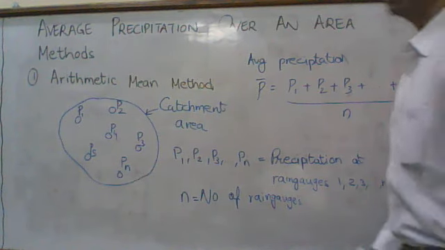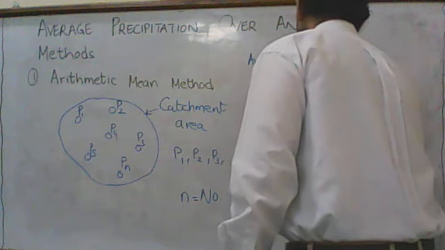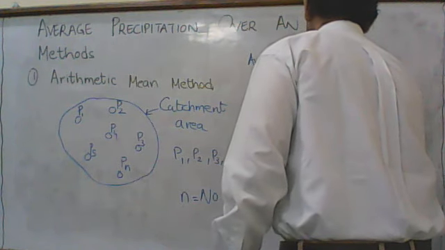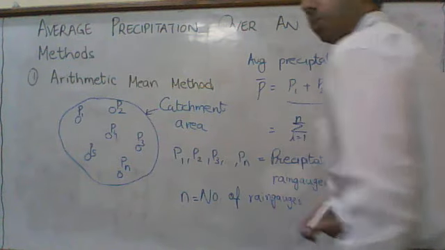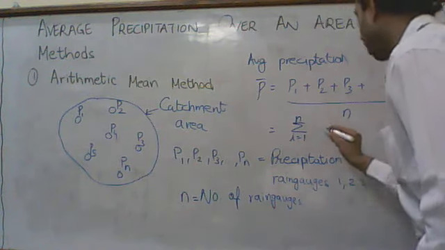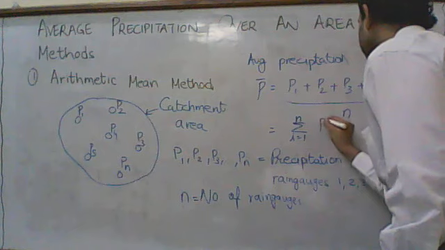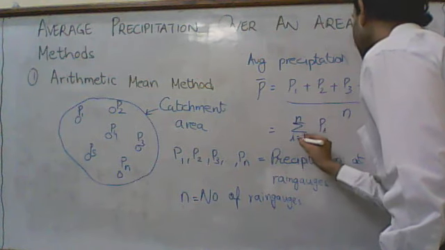This can also be written as P bar equal to 1 by n times the summation of Pi, for i equal to 1 to n.